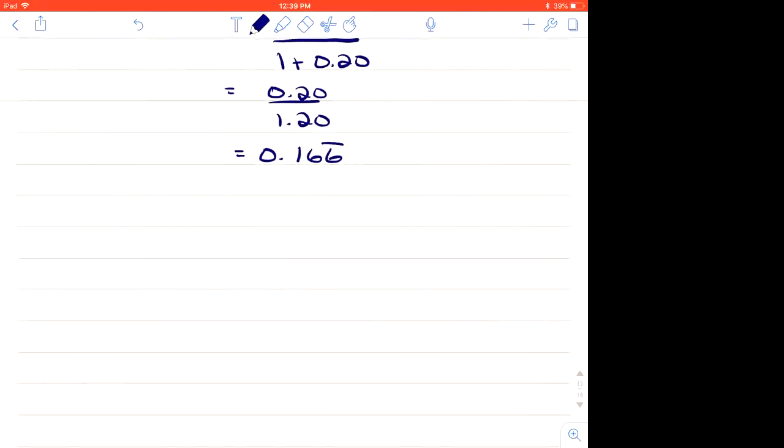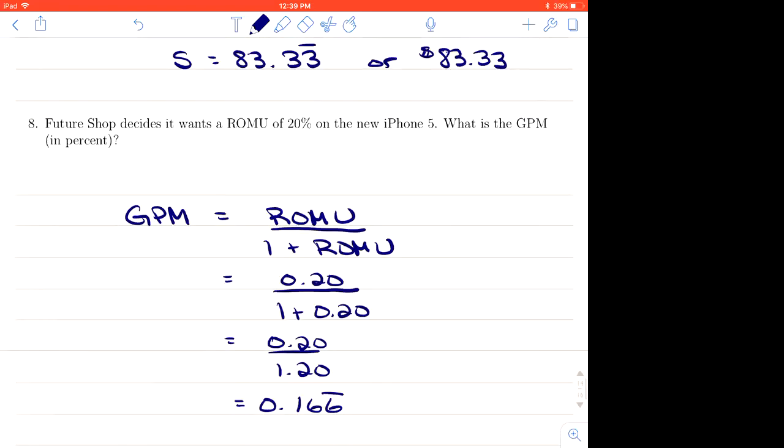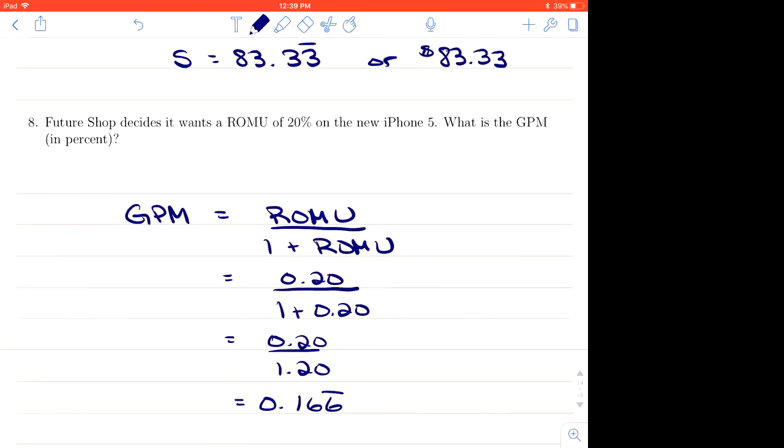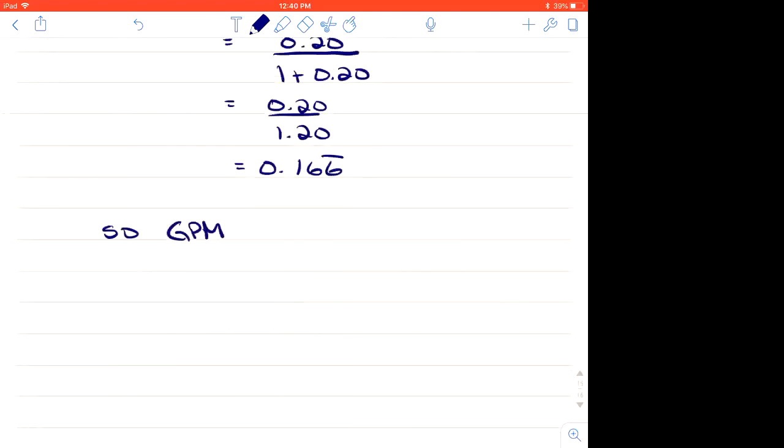Or as a percentage, and here's where I'm going to get kind of picky. If I ask you for it as a percentage, then you have to give it as a percentage. In general, you have to give me the answers as I'm asking for them. So the gross profit margin is 16.67%.